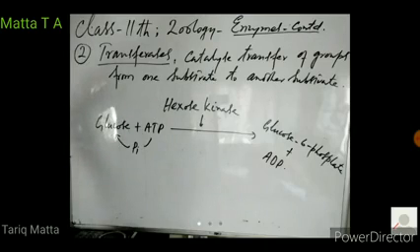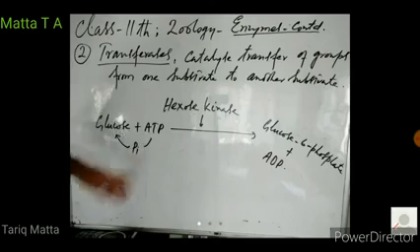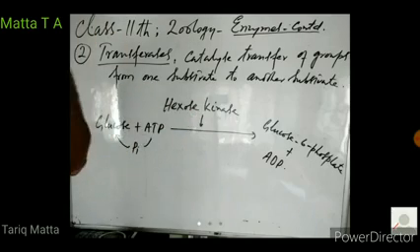They are those enzymes which catalyze the transfer of groups from one substrate to another substrate. So for that reason, we call them transferases. The first example I cited was glutamate pyruvate transaminase, which catalyzes the transfer of amino group between glutamate and pyruvate. Similarly, another example is hexokinase.